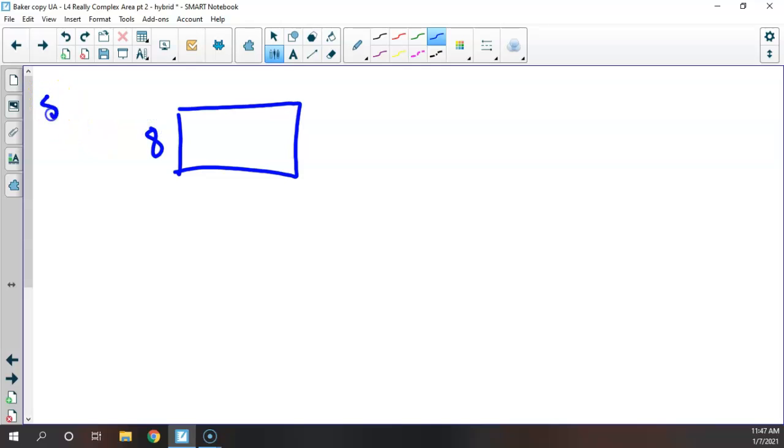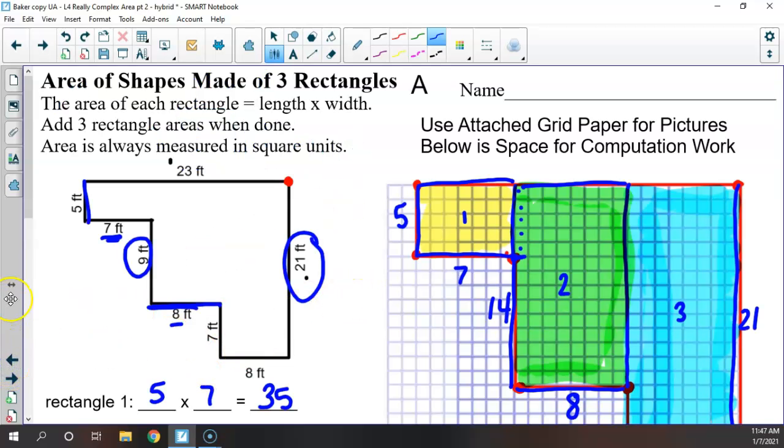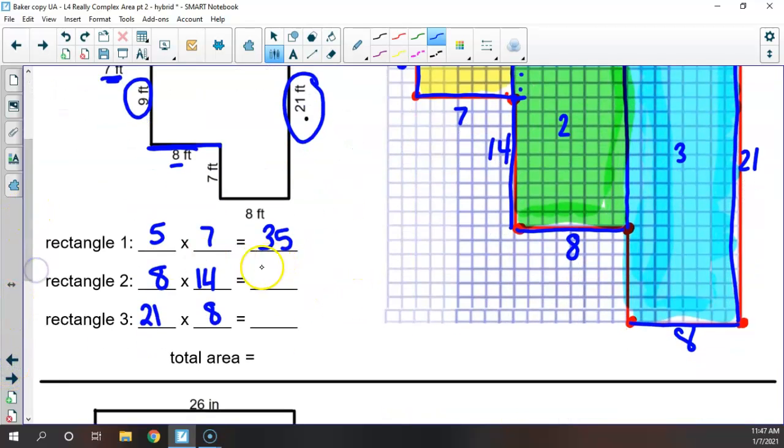So I have 8, I write that here, times 14. 8, 10 plus 4. All right, so 8 times 10, I know that's 80. And 8 times 4, I know that's 32. So I add those two together, and I get 112. So 8 times 14 is 112. I better record that.